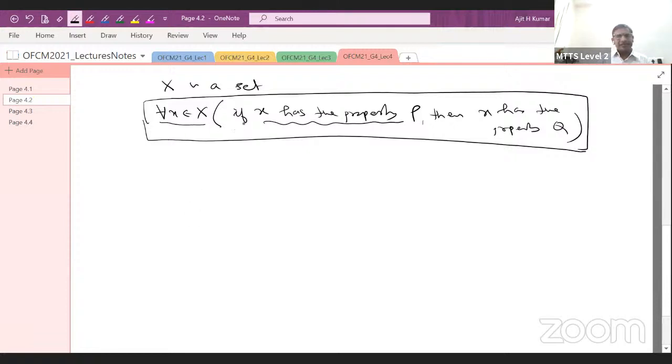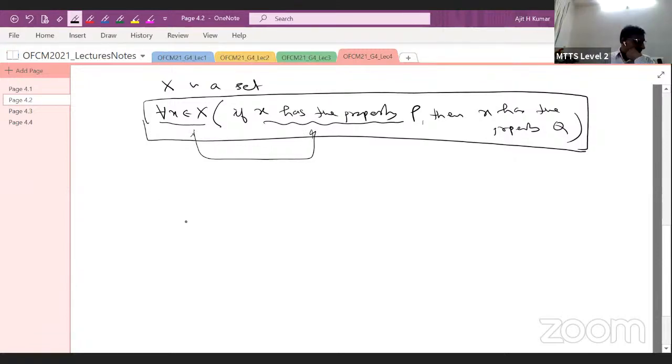Now you see that this property P of any x in X, maybe we can combine these two together and write it like this.